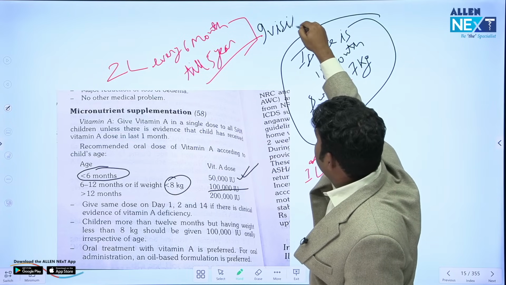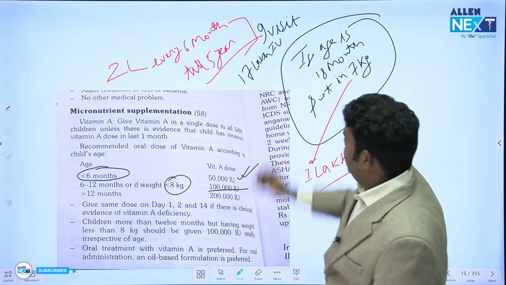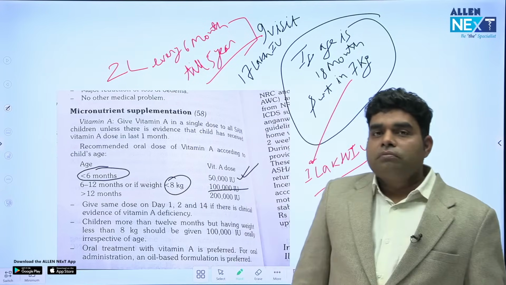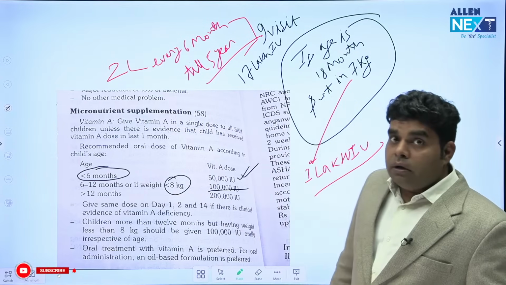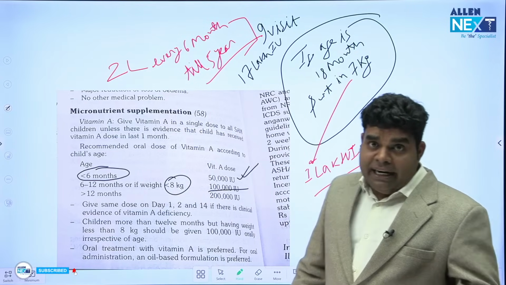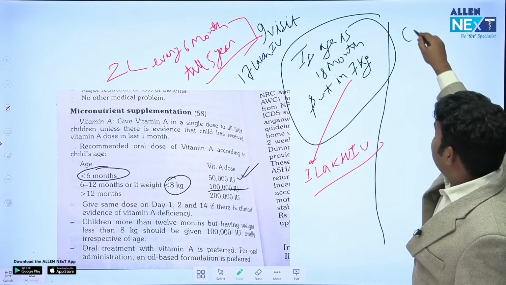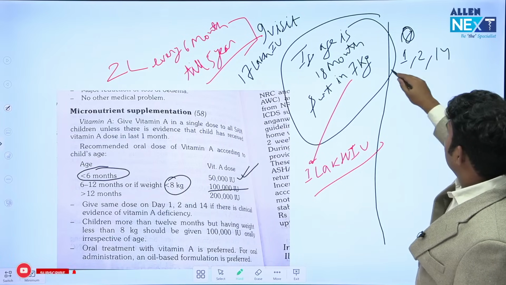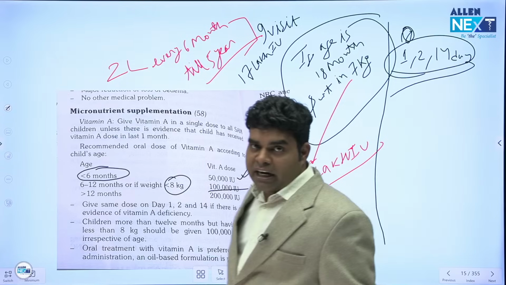There are 9 visits, and a total of 17 lakh international units of vitamin A they will take. And remember, if someone is having Bitot spot or night blindness, then the treatment we give is 3 doses: day 1, day 2 and day 14. Today, tomorrow and on day 14, 3 doses of vitamin A we give for treatment.